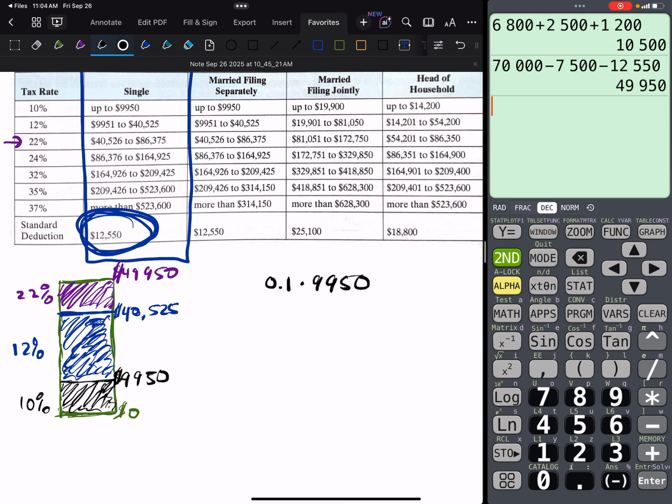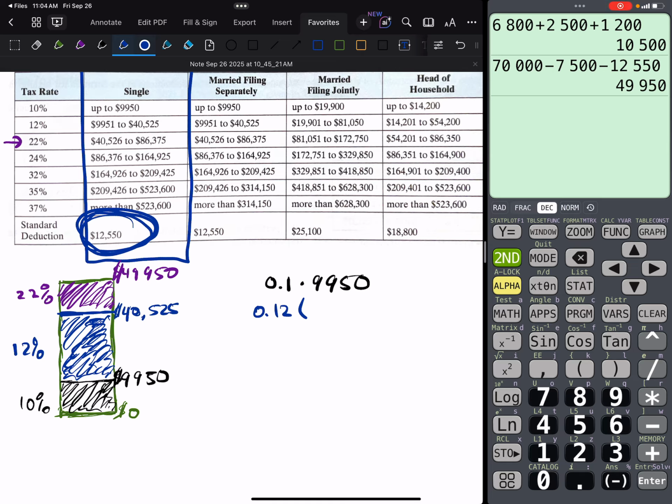Because I convert that percentage to a ratio. By converting that percentage to a ratio, I divide by 100. Okay, that's 10% of my $99.50. Now I need 12%, so 0.12, and it's all the money between $99.50 and the $45.25.